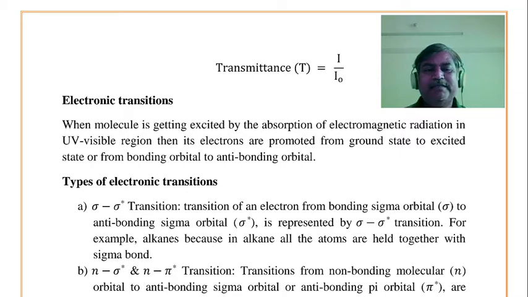In UV light radiation, the change in energy level in the organic molecule takes place at the electronic energy level. Means there occur electronic transitions.